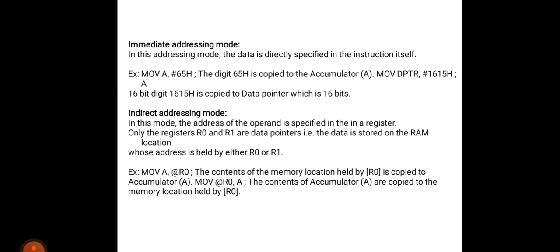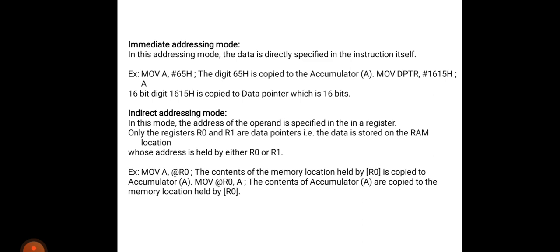Now we will see by an example. For example, MOV A, #65H means the digit 65H is copied to the accumulator A. Another example is MOV DPTR, #1615H, which means a 16-bit digit 1615H is copied to the data pointer, which is 16 bits.